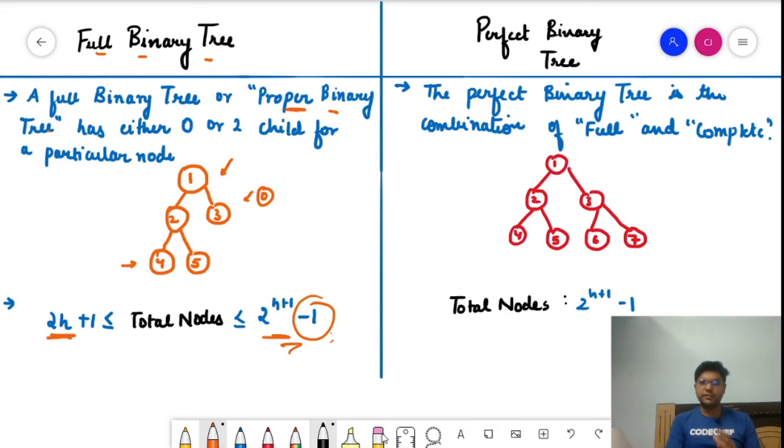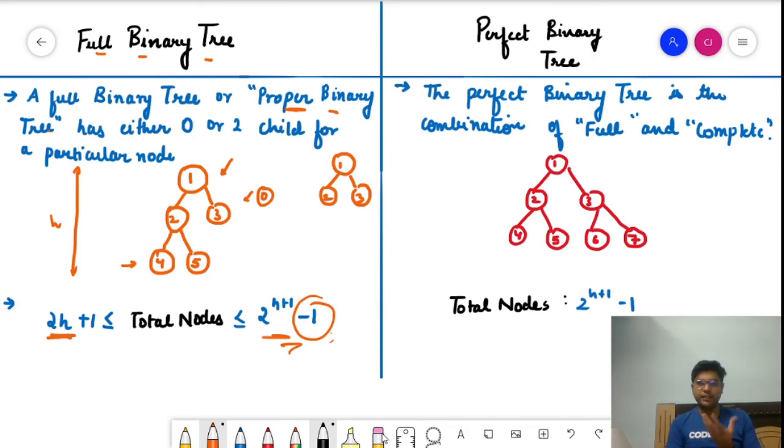At the worst case, what will be the structure of the tree, if we are considering the minimum number of nodes? For a tree of height h, all the levels of the tree will have a single node that has 2 children.